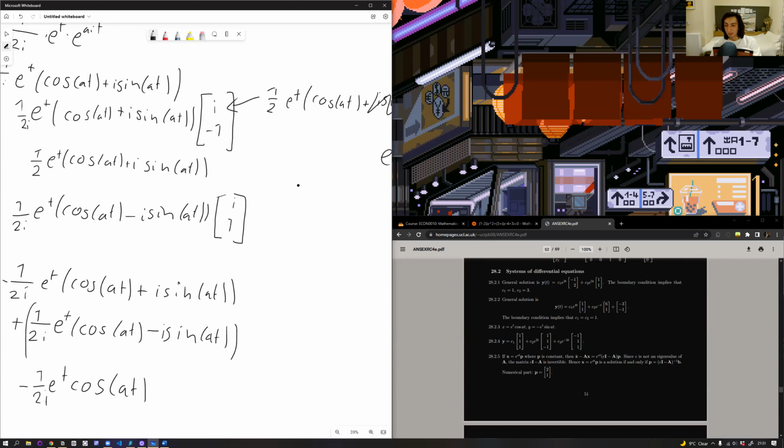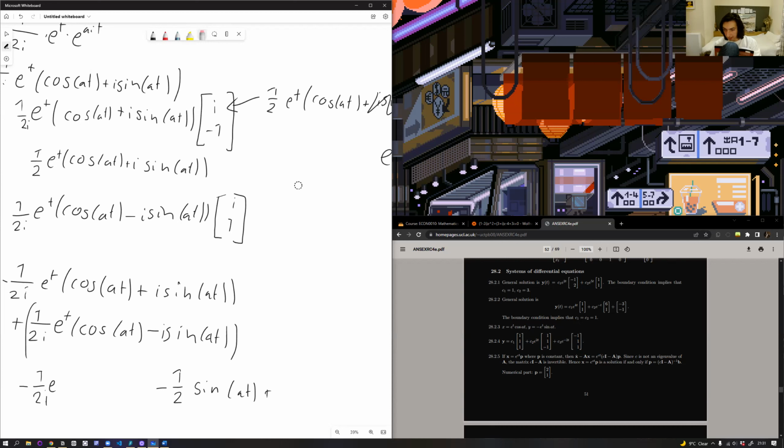Then the i's cancel out because it's not really factorizing, it's just canceling out at this point. So it's minus a half sine at. Then it's plus the same thing, which then cancels those two out. So let's just remove them.